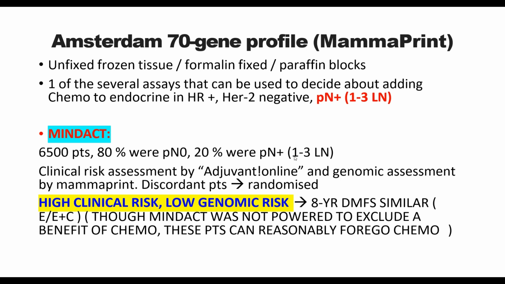So basically, in summary, Oncotype DX and Mammaprint can be used in hormone receptor positive HER2 negative patients to decide about avoiding chemotherapy. For that, they have to be T1 or T2. If they are node negative, it's well and good. Even if they are node positive, up to 3 positive lymph nodes, Oncotype DX is approved for this indication based on RxPONDER, and Mammaprint is approved for this indication based on MINDACT.